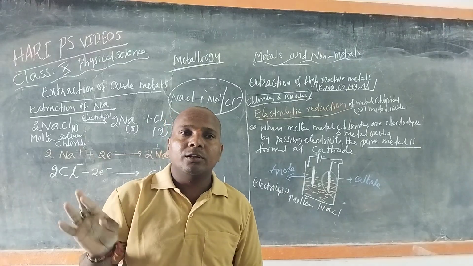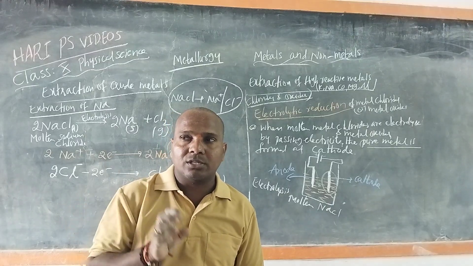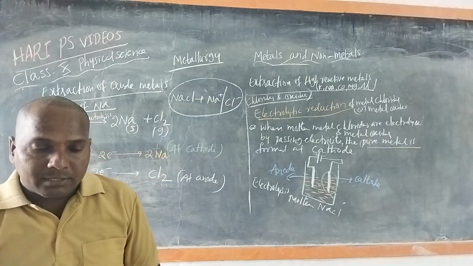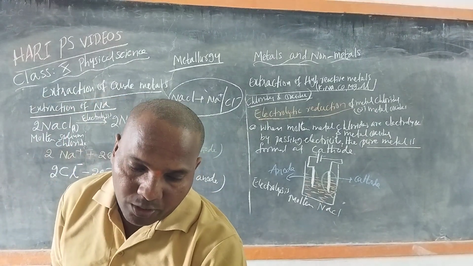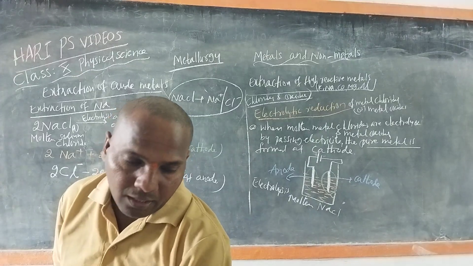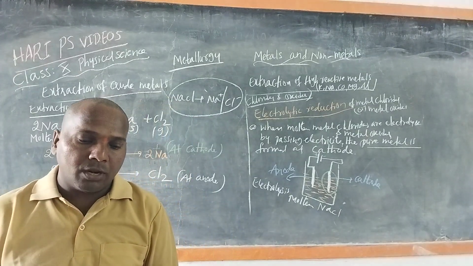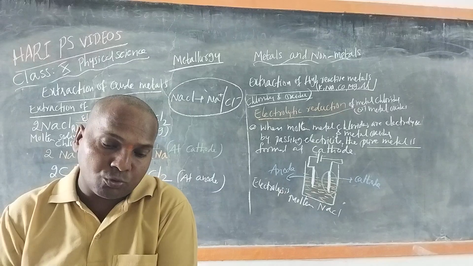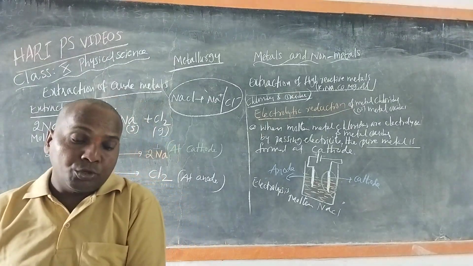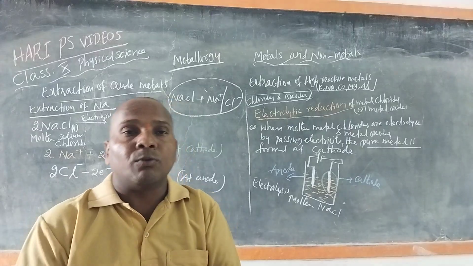We cannot use the brine solution for extraction of sodium from sodium chloride, because if the electrolyte is an aqueous solution of sodium chloride, then as soon as sodium metal is produced at the cathode, it reacts with water.